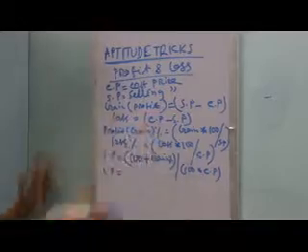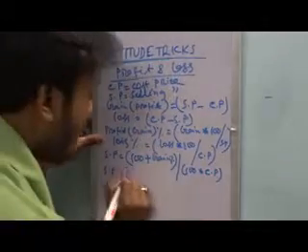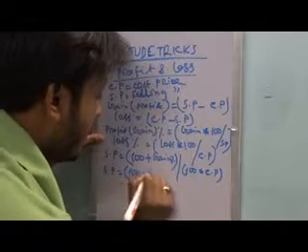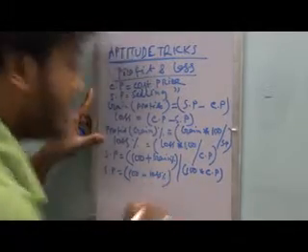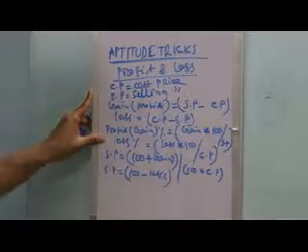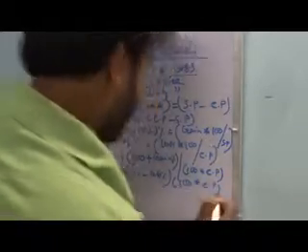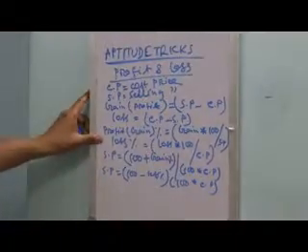Now when the loss percent is considered, then what will be the selling price? Then selling price will be 100 minus loss percent by 100 into cost price. Got it?